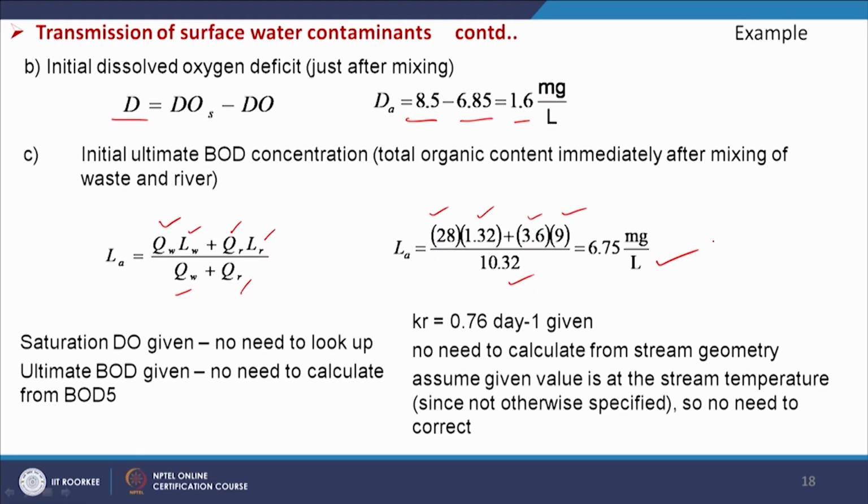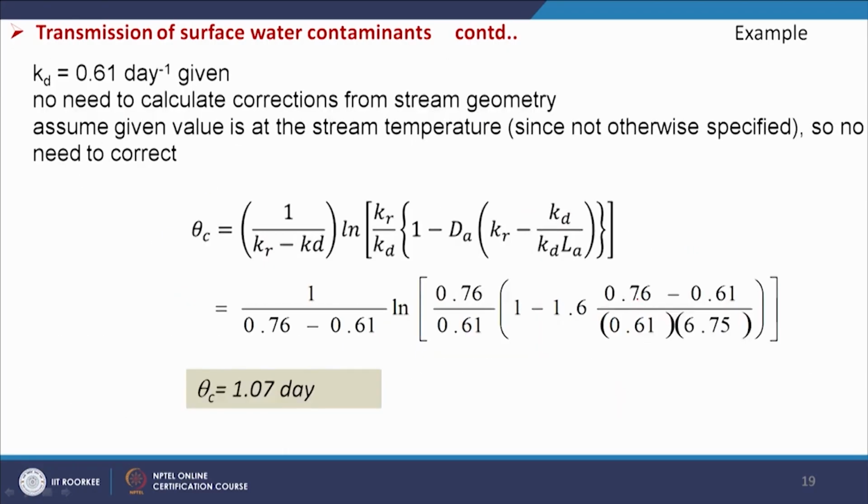Saturation DO is given, so no need to look it up. Ultimate BOD is given, no need to calculate it from BOD 5. KR value is given, we do not need to calculate it from the geometry of the stream, and KD value is also given.